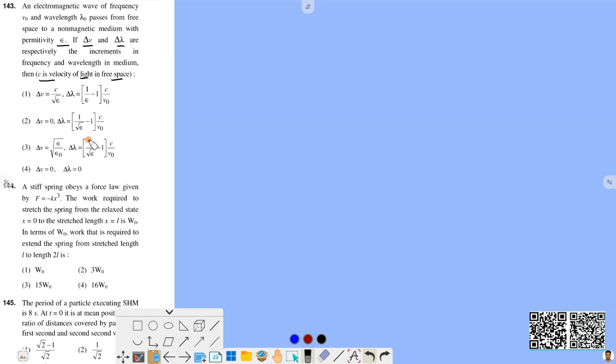So basically from the electromagnetic theory, we know that when light changes its medium, then there is no change in frequency. Means delta nu has to be zero. And when light changes medium, then lambda changes.